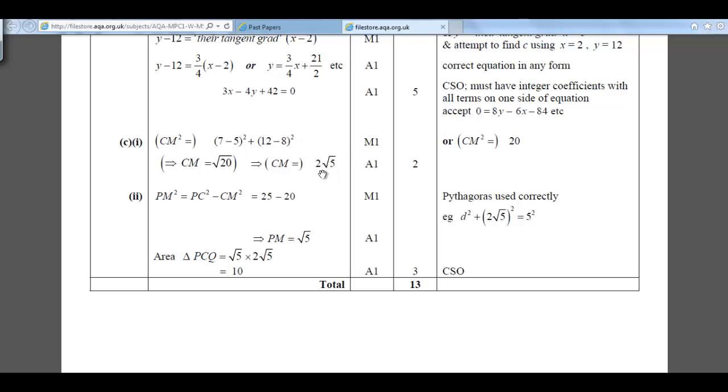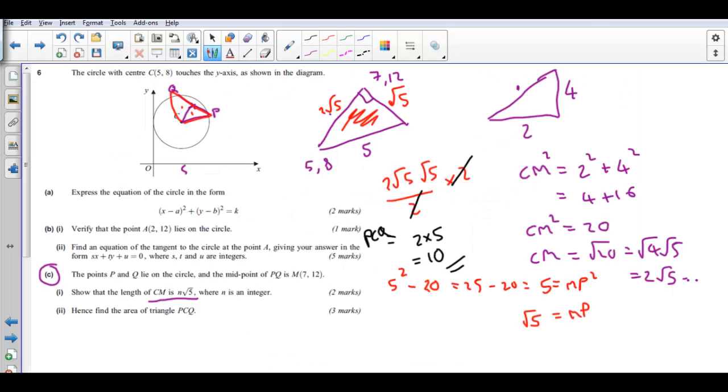Well, we were kind of confident on that one because it was of the right format. Difference in the x values squared plus difference in the y values squared gave us CM squared. Note that they do like it in that format, so that it makes it a whole lot easier for you, and then just square rooting at the end. So there's another question for you.